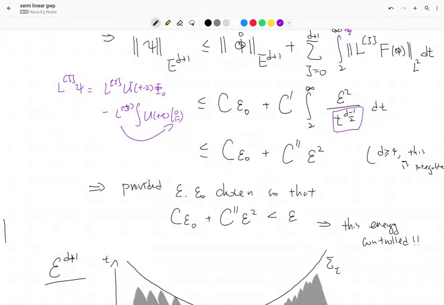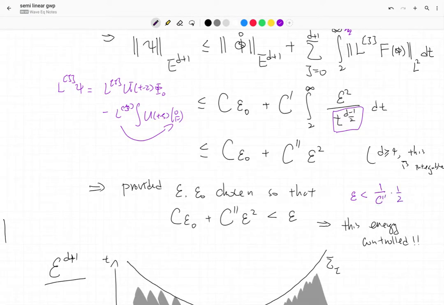So if we can choose epsilon naught sufficiently small, such that c epsilon naught plus c double prime epsilon squared is less than epsilon, then this energy will be controlled, right? Remember, c and c double prime are fixed constants coming from the equation. So, for example, one way to do this, we can choose epsilon less than 1 over c double prime times 1/2.